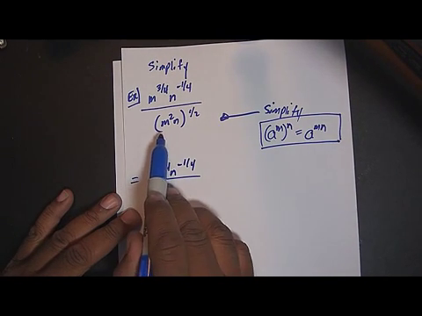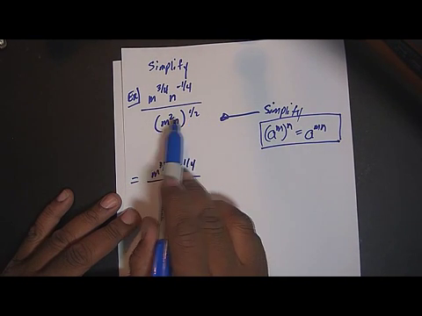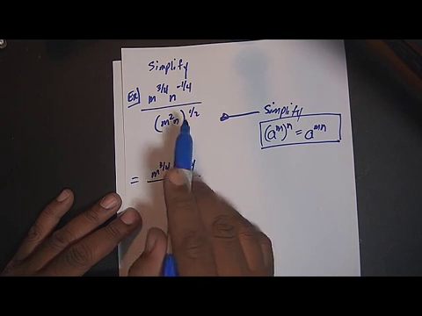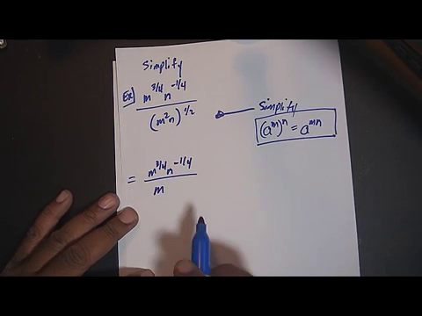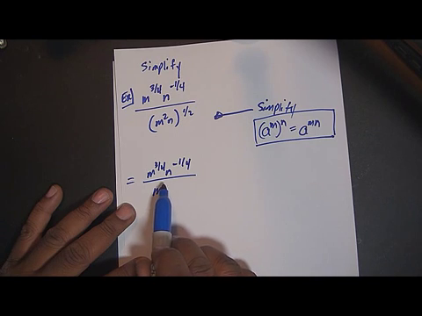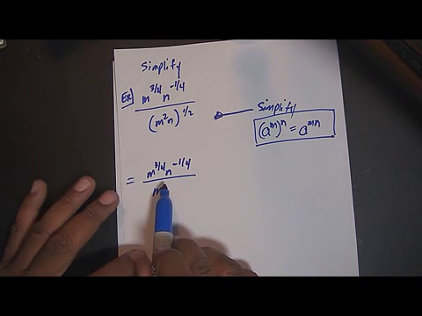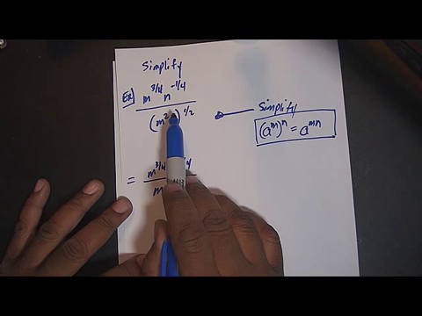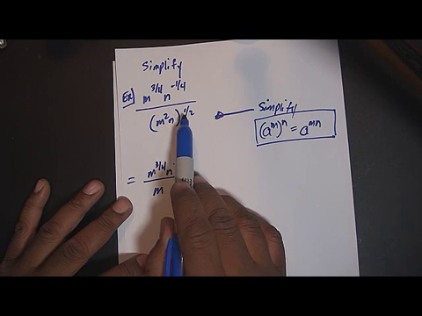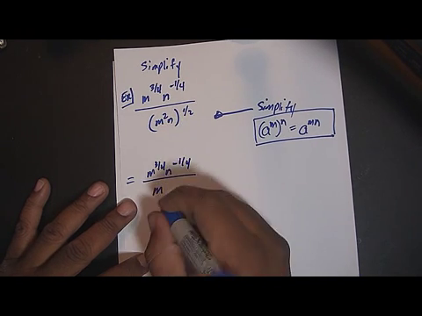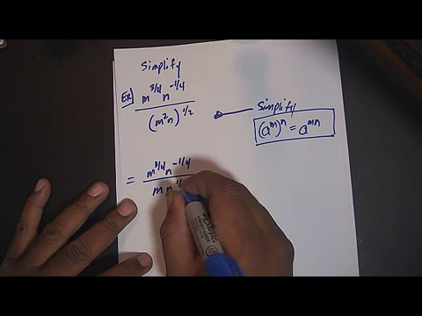On my denominator, m squared raised to the 1/2 power, I'll multiply 2 times 1/2, and I have m to the first power, and my first power here is understood. And n, which is raised to the understood first power, times the 1/2, I have n to the 1/2 power.